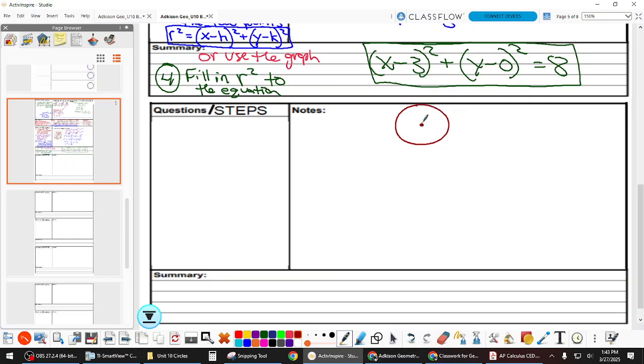Let's leave the circle and write a problem statement, because I want you to be able to do it without a picture. That's what I'm trying to say. We're going to say 8 centimeters.